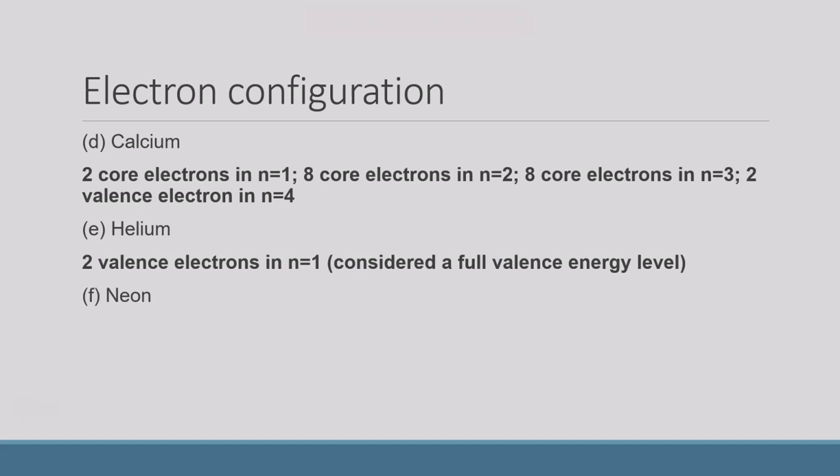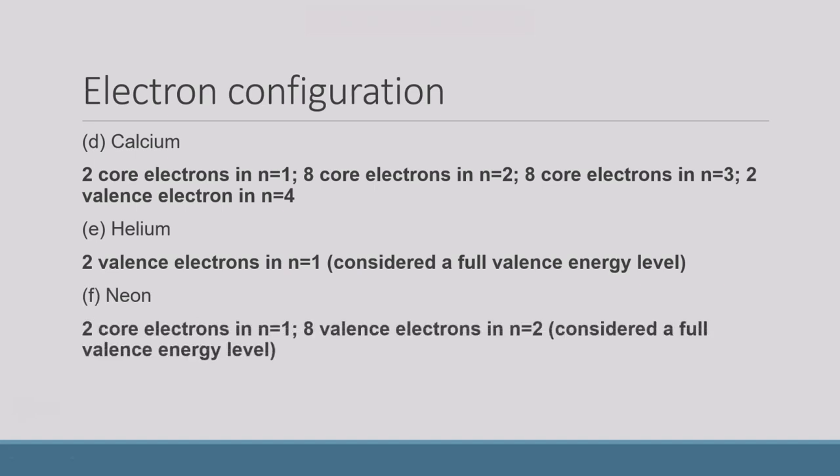In the case of neon, the first energy level is full, so it definitely has those 2 core electrons in n equals 1. Its second energy level is also full. It contains all 8 electrons that the second energy level may contain. And again, we consider them valence electrons rather than core electrons, but we consider it a full valence energy level.